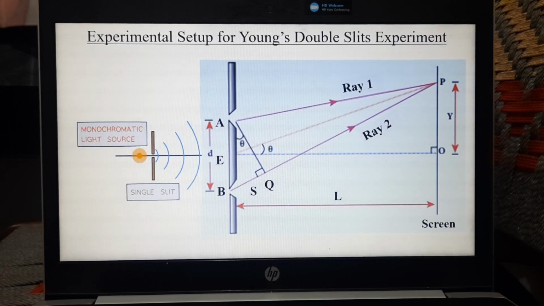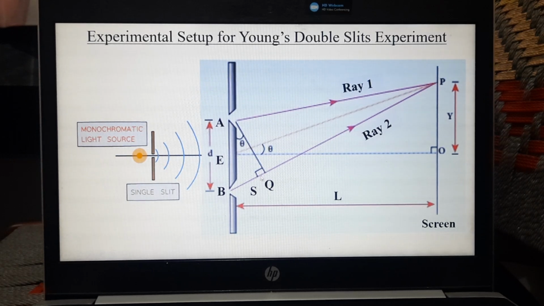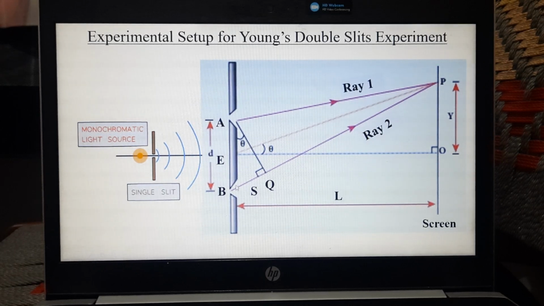Here I consider the point P as bright, which means ray 1 and ray 2, when reaching point P, are interfering constructively. So you can see that ray 2 travels some distance larger as compared to ray 1, so we will be determining that extra distance covered by ray 2.